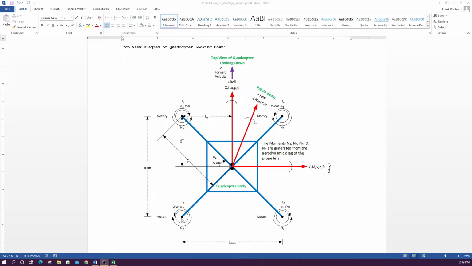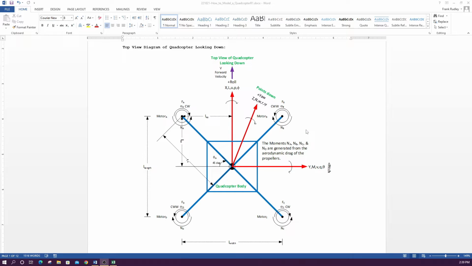If we want to pitch up, say increase our forward velocity, we would increase the speed of these motors and decrease the speed of these motors. So it would cause a pitch down moment that's negative here, a negative theta, and that would tend to make the aircraft move forward. So the commands are kind of equal and opposite.